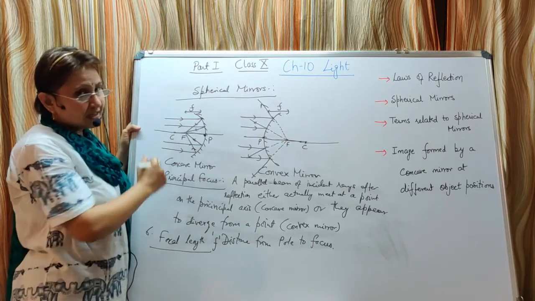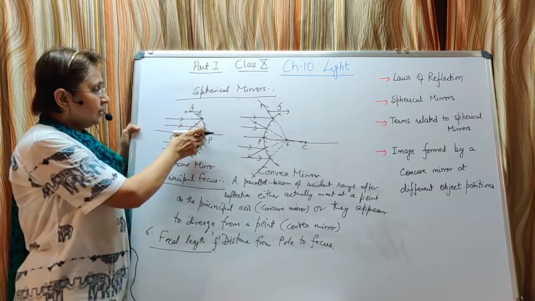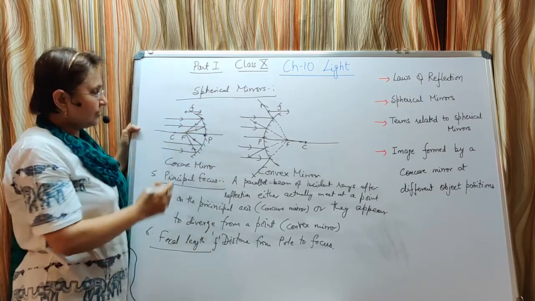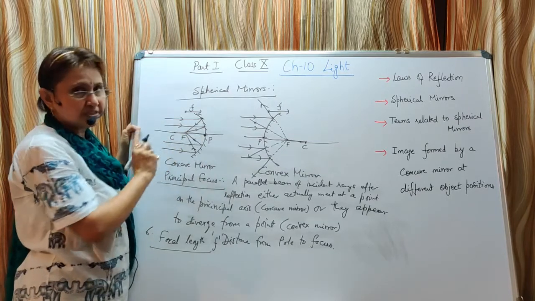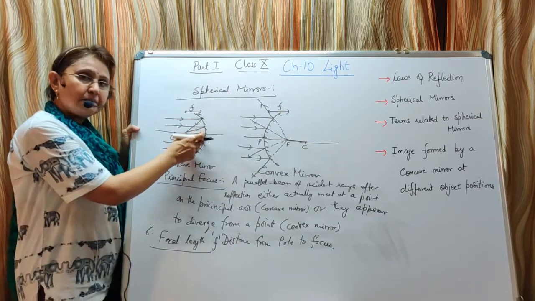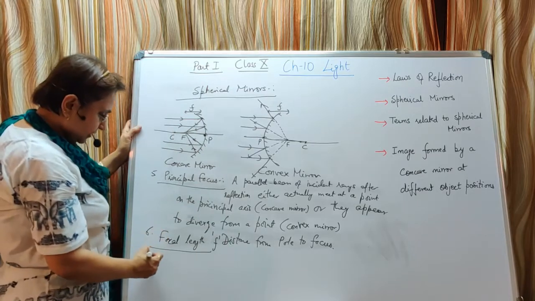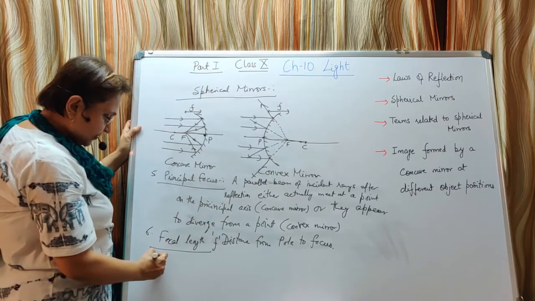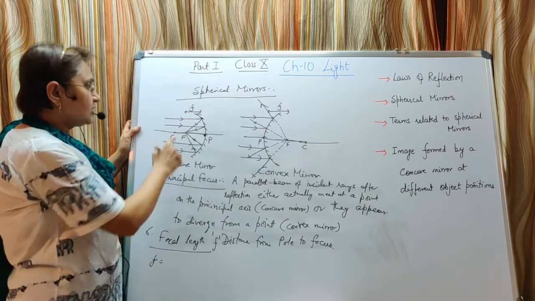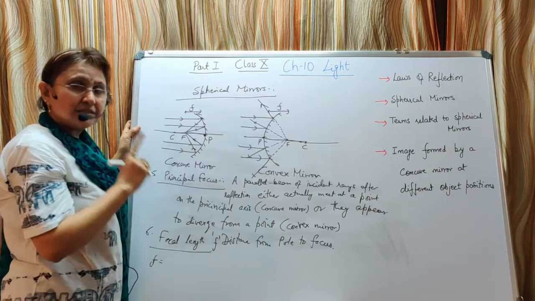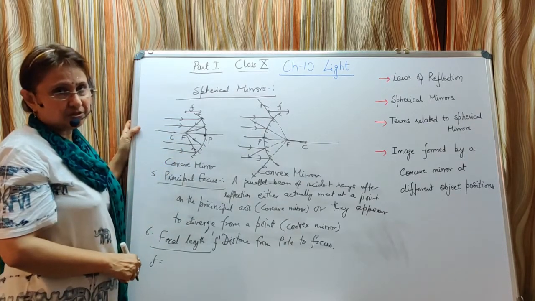Now let's see the relation between focal length and radius of curvature. P to C distance is the radius of curvature and P to F distance is the focal length. The relation is that focal length is half of the radius of curvature. Why?